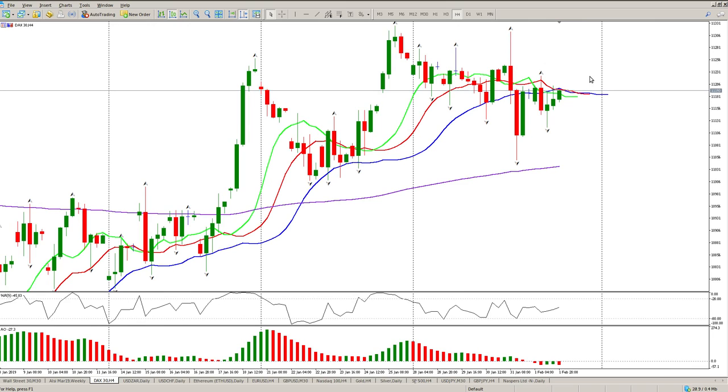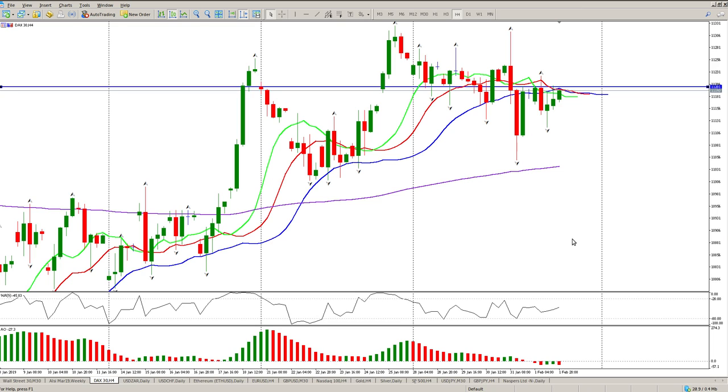Often when you look at the alligator at the moment, you can see we've broken, we've tested. This is the second test. So what you want to do is look at this inside tail here. That is my level that I want to pay attention to. A break above that, then obviously we've got an opportunity to go higher.